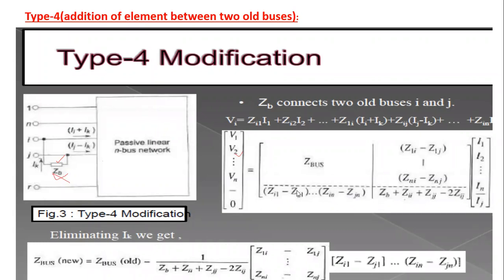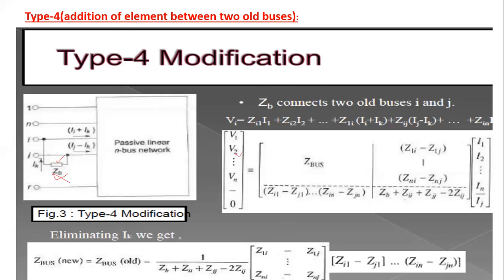This is the formula for the Z bus new matrix when we are adding the link between the two old buses. It is called a link because the element is added in between the two old buses.